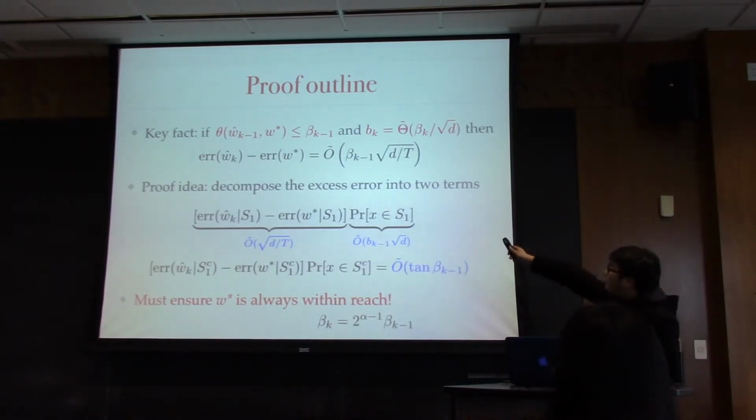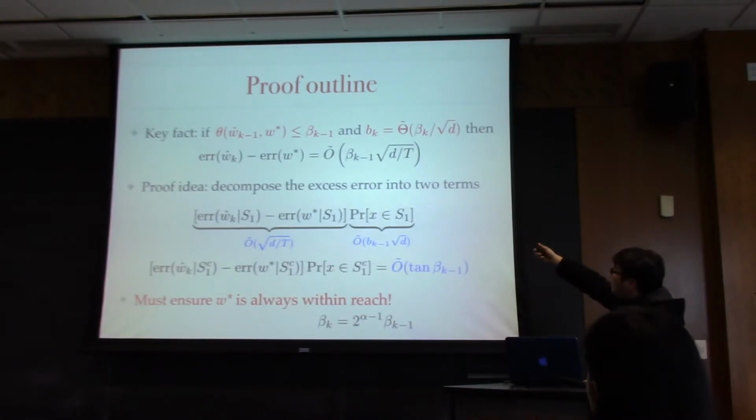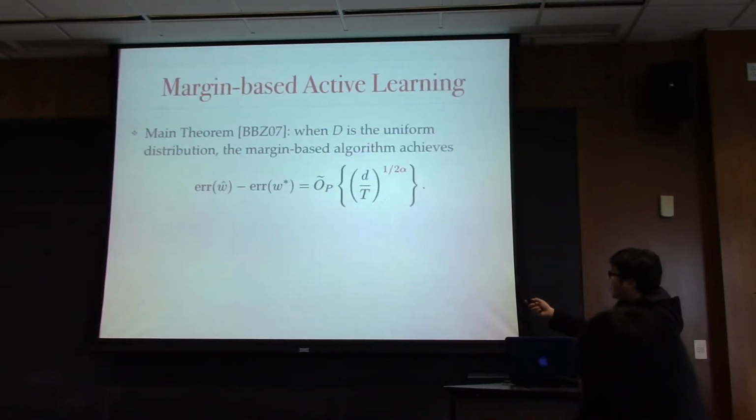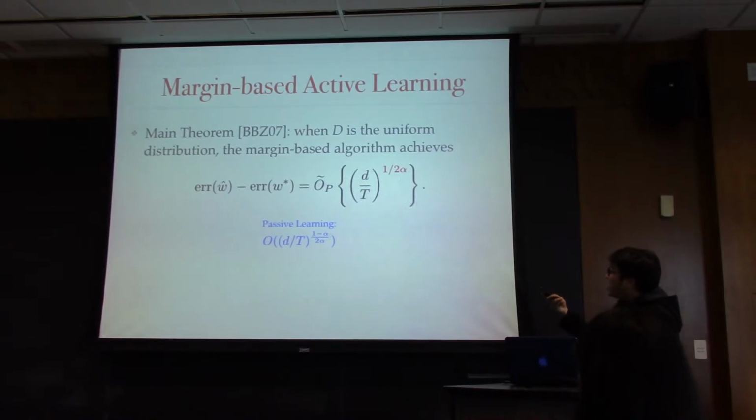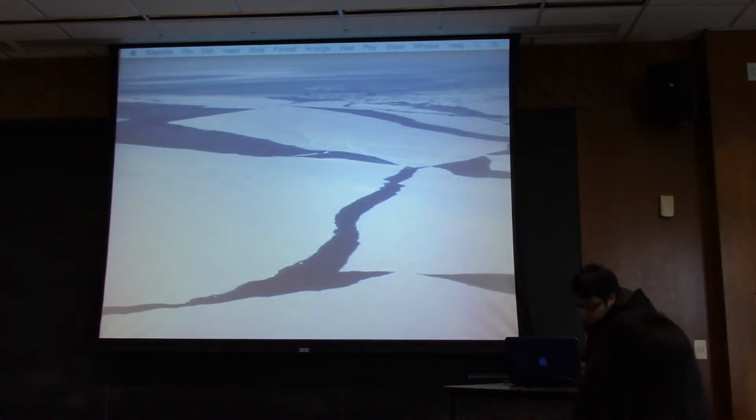And here we have tilde O, so we ignore polylogarithmic factors in this bound. We only care about the polynomial part, because in this proof we want to show the polynomial improvement. So naturally we ignore the polylogarithmic factors.